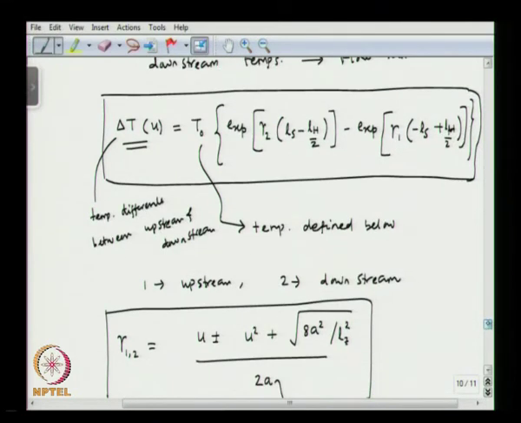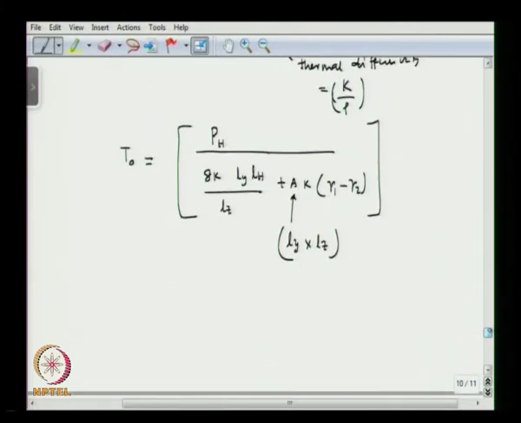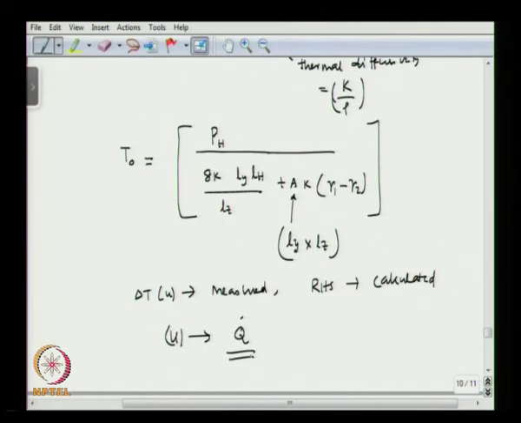So, by calculating left hand side and right hand side, we should be able to predict the value of u. So, delta T is measured and the right hand side is calculated except u. So, we can predict u, and predicting u we can predict the flow rate. That is how the calorimetric sensors are going to work.